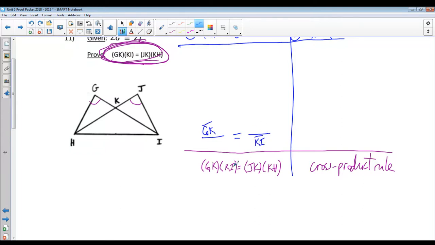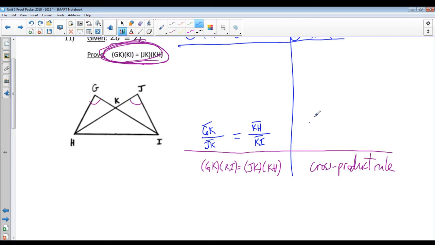They have to be diagonal, right? And in order for us to do JK times KH, I know those have to be the other cross product. So now if you were just to multiply these together, I know they're not numbers, but we can do the same thing with sides. So I can say GK times KI equals JK times KH just by working backwards and filling in my proportion.